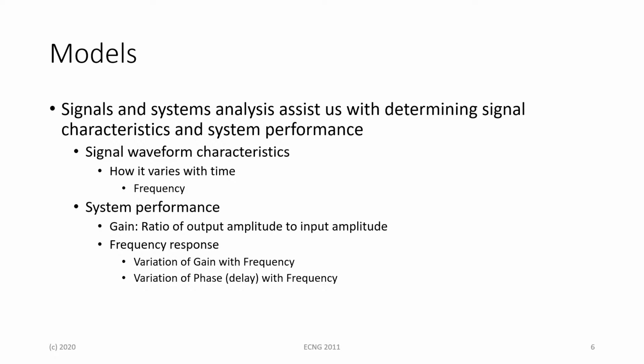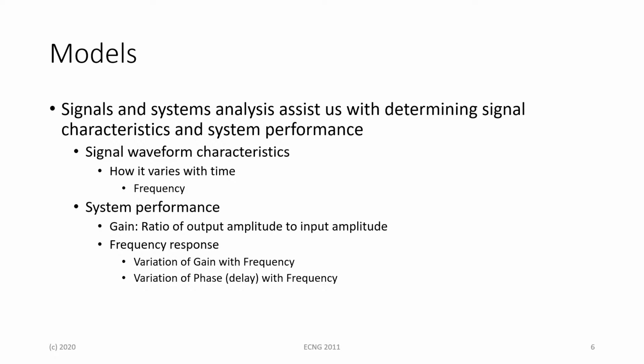And system performance can be characterized in many ways. On the slide here, we talk about the gain of the system, which can be for your filter designs, and your frequency response as well, which gives us an indicator of how well your filters perform. Is it going to be a low-pass filter, a high-pass filter, or a band-pass filter? Do you actually have the cutoffs at the correct frequencies?